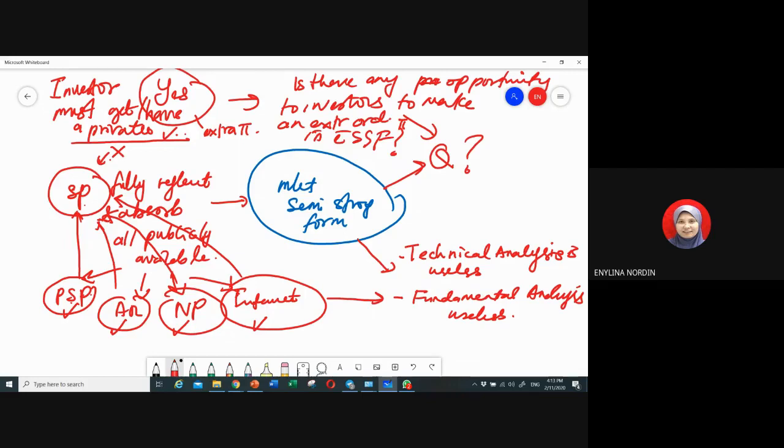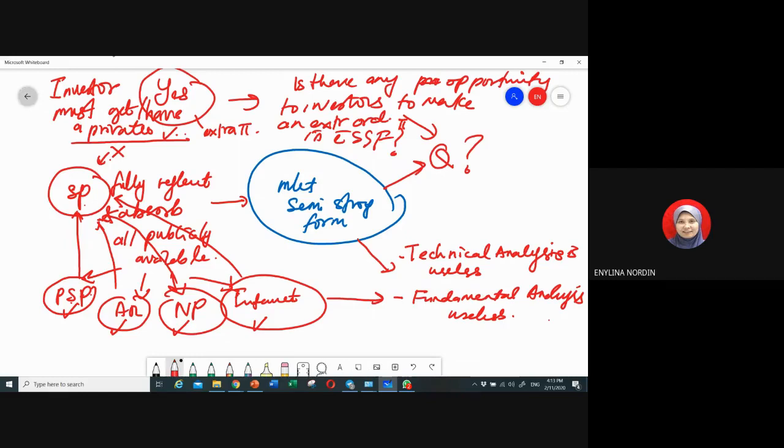Just now in the weak form, this private information and the information for fundamental analysis, which is the annual report, newspaper, and so on, were not yet included in the stock price. So that's why fundamental analysis and private information become useful to investors. Only technical analysis becomes useless in the weak form.